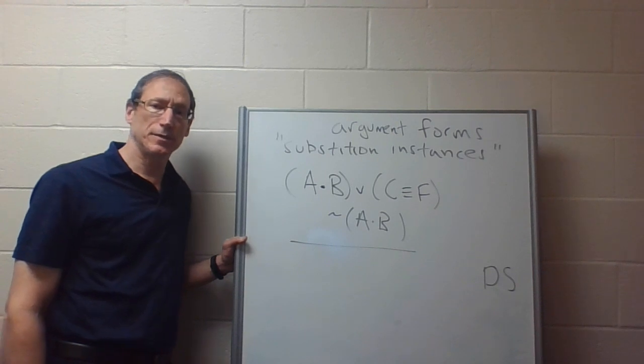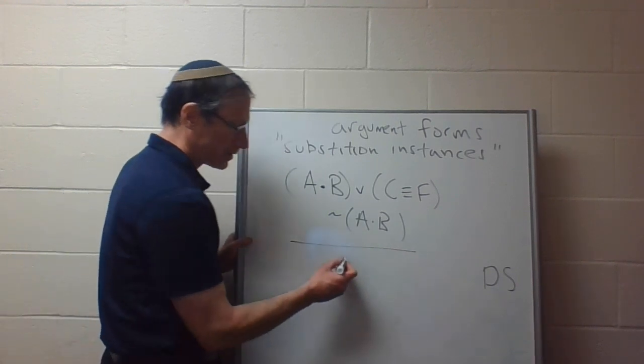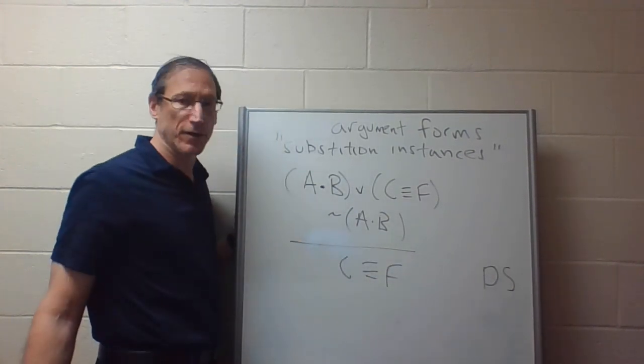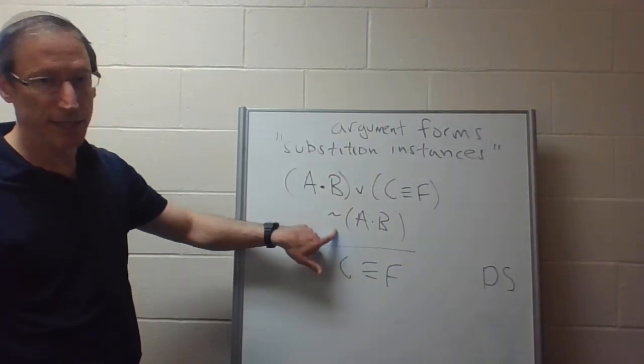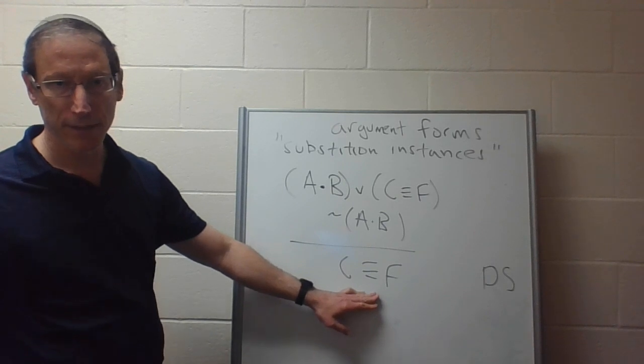What would be a good substitution of disjunctive syllogism? Well, if the conclusion is C biconditional F, we have here disjunctive syllogism. We have a disjunction, we have the negation of the left-hand side, and we infer the right-hand side.